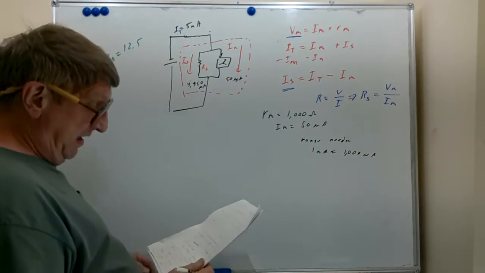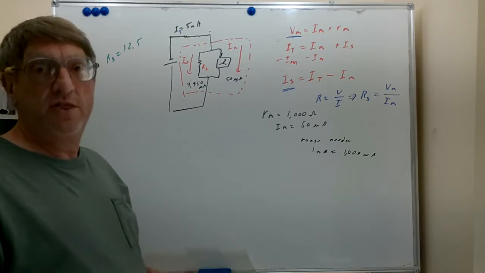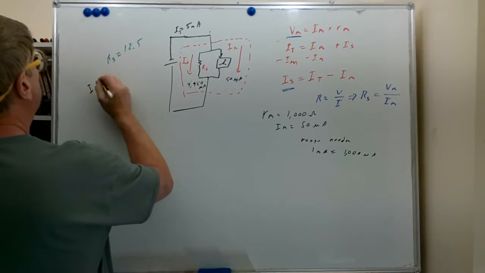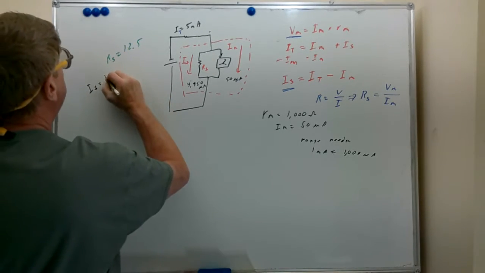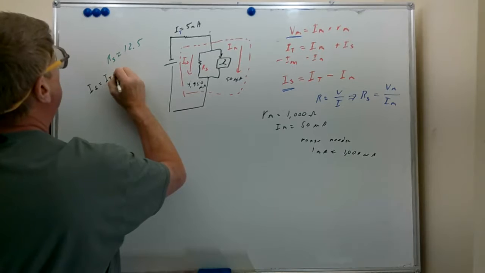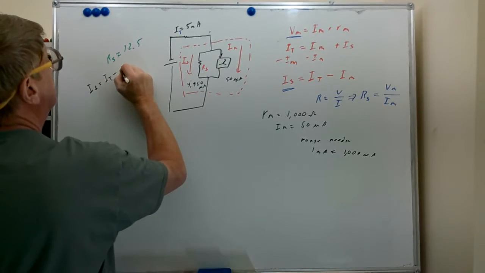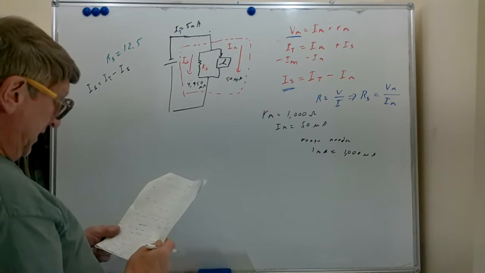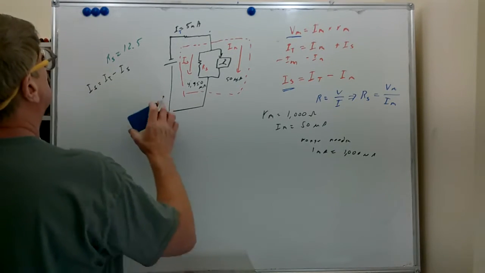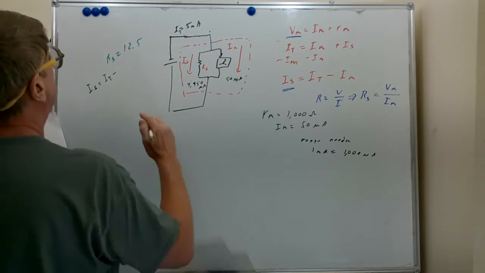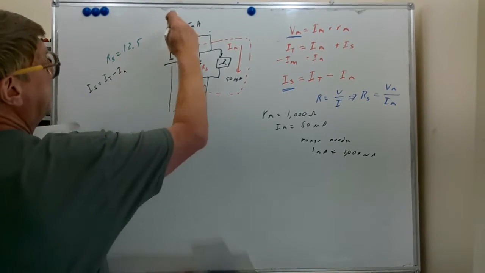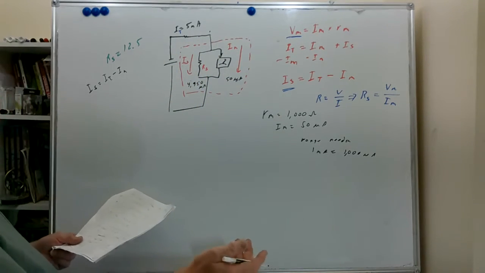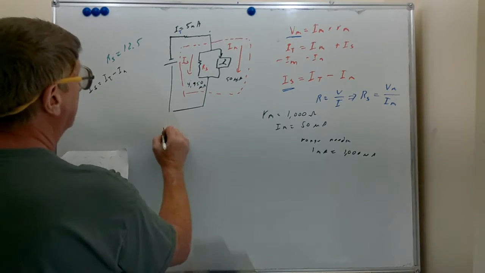And again, we want to get that in the same terms. So we need to calculate first the current through the shunt. Remember, we had the formula that IS equals IT minus IM. IT minus what goes to the meter leaves what goes to the shunt. So we're going to do that here. We're looking for IS.